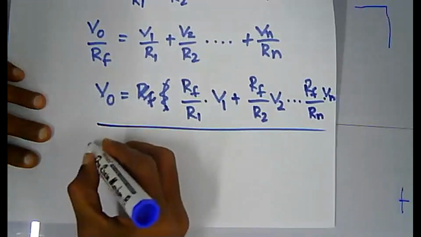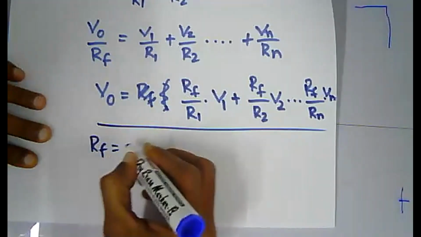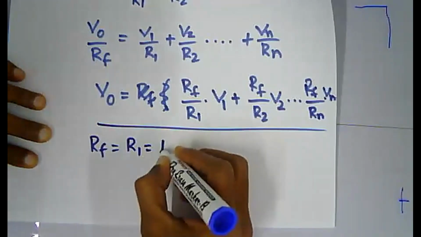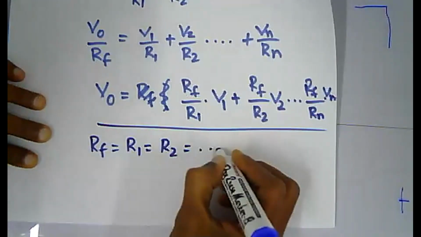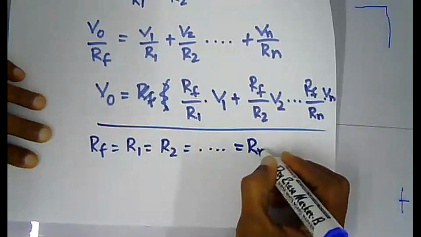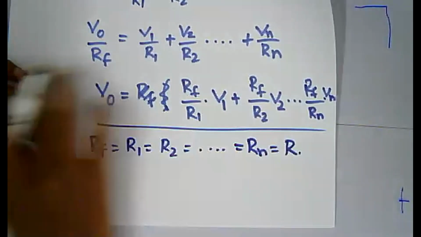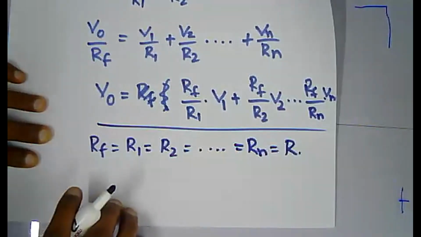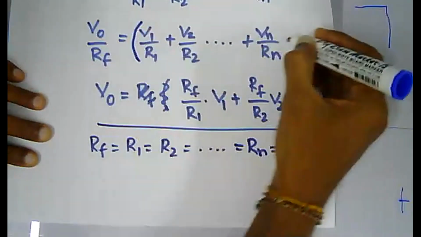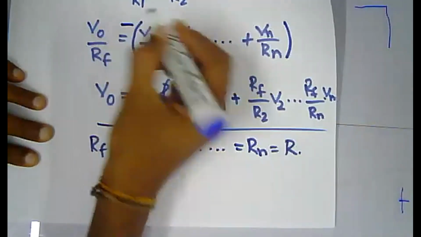Now just assume that Rf equals R1 equals R2 equals Rn equals R. Sorry, there should be a minus. I completely forgot that.